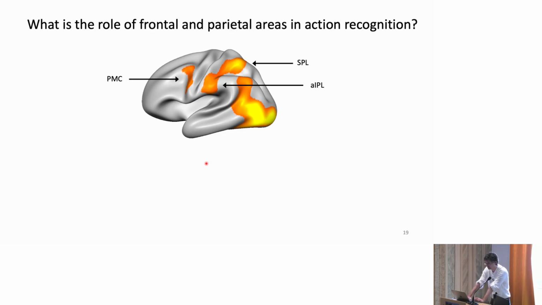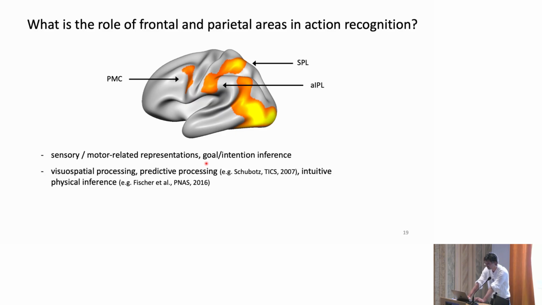recognition? So as I've explained before, usually people associate these frontal-parietal regions with motor-related representations and with the inference of action goals and intentions. By contrast, these regions are also involved in visuospatial processing, in predictive processing of dynamic events, and in physical inference.